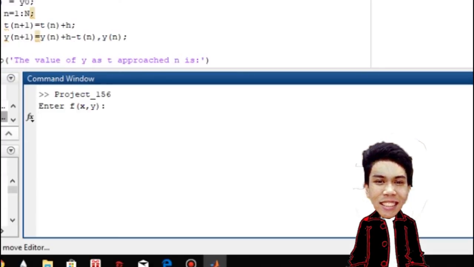When we execute the code, it will ask us the function, which is equal to negative y over 100, then the initial time, which is 0. Next is the final time, which is 60. Then the number of steps, which is equal to 50. And the initial value, which is 15.